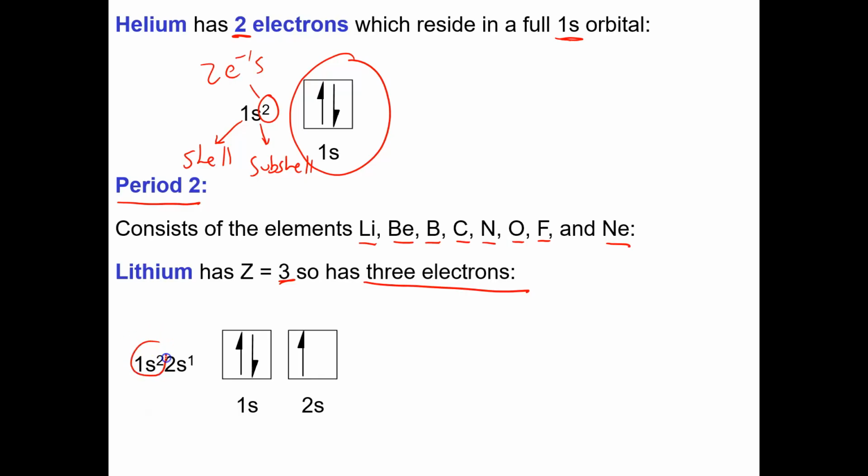The first two go into the 1s subshell, and then the third one goes into the 2s subshell. Instead of writing out the electron configuration using the subshell notation, we can also write out the orbital diagram, and you can see that lithium has one unpaired electron in the 2s subshell by itself.